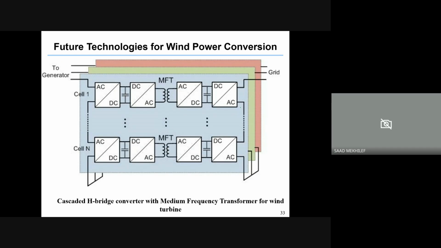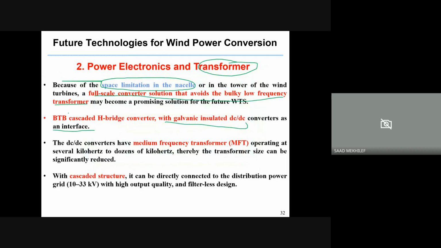This is what we call the common cascaded bridge with medium frequency transformers for wind turbines. The good thing here is you can have N cells, all similar to each other, compared to the multi-level topologies.